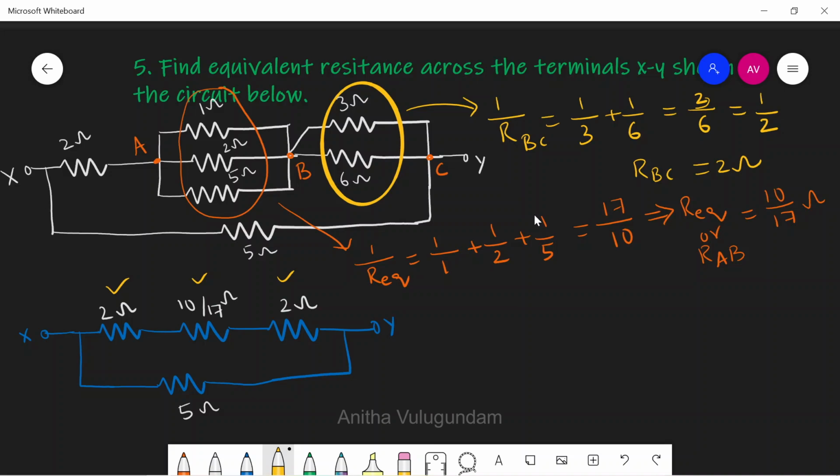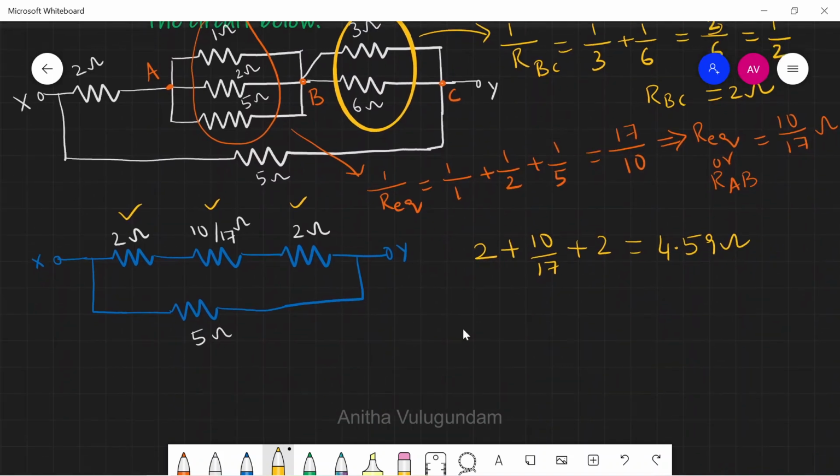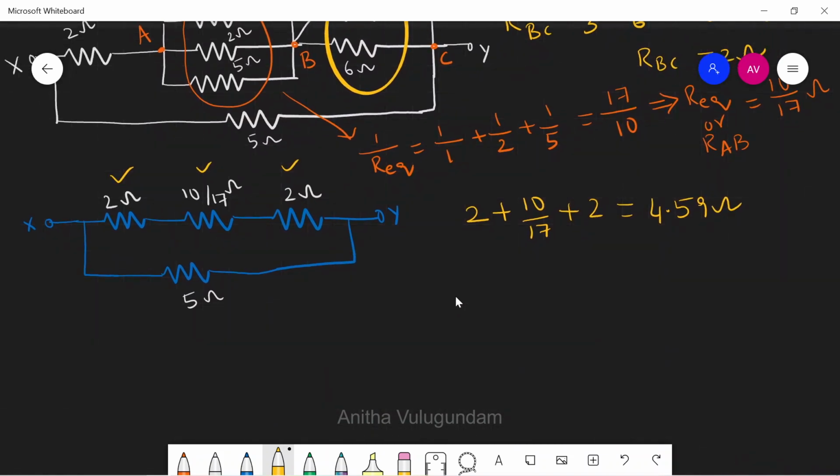So we can write, series means, 2 plus 10 by 17 ohm plus 2 ohm, that equals 4.59 ohm. We can just redraw the figure as 4.59 ohm.